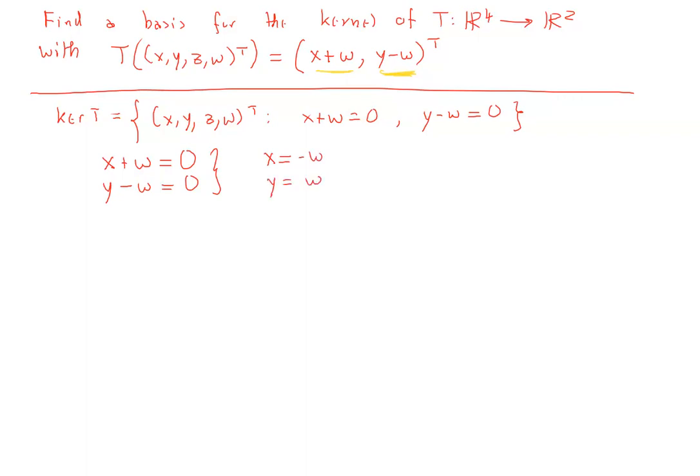And here, w will be free, because it's on the other side. This is how you will know what is free and what is not. Whatever appears on the right-hand side will always be free.